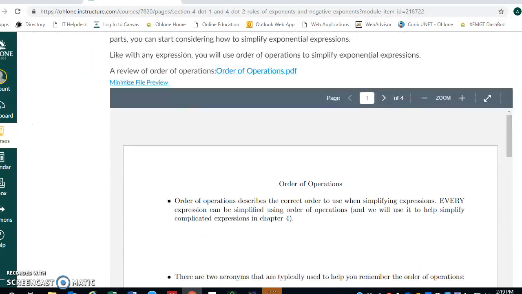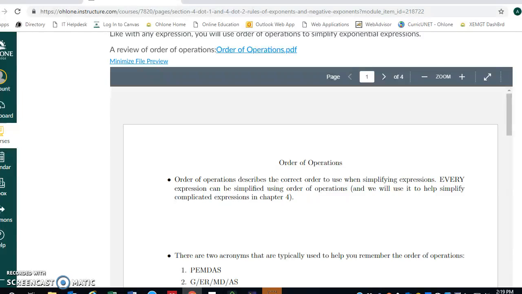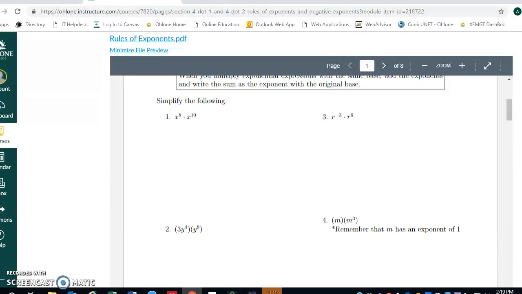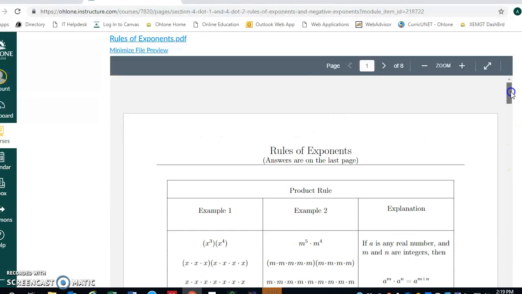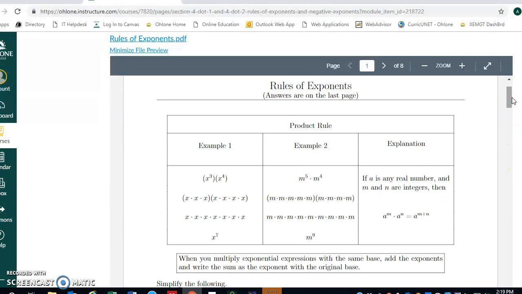Additional material, you've seen the order of operations before, but simplifying expressions again relies on order of operations. And then you're going to see a PDF here that derives the rules of exponents for you.